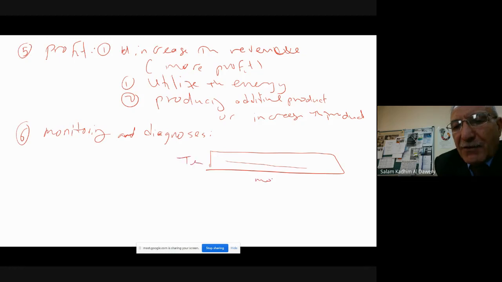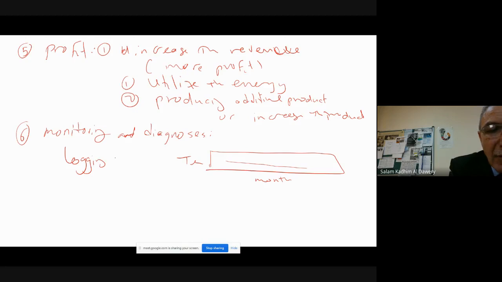Temperature, over a month's time, drifting down. And we may see the pressure drop will rise for that particular period. How do we know? Because we have a record by logging data in the computer.